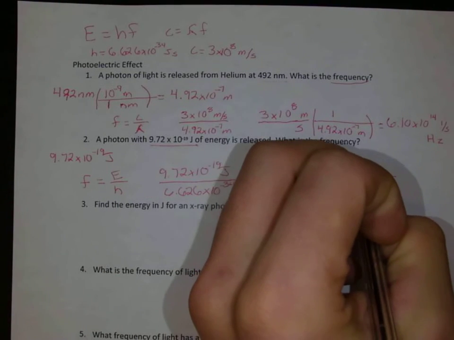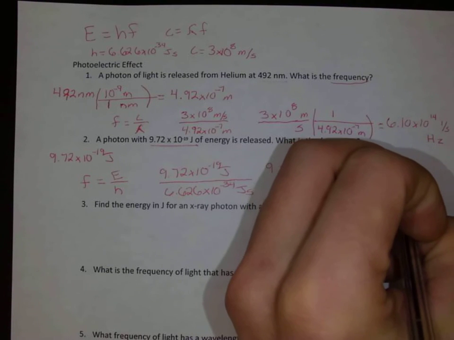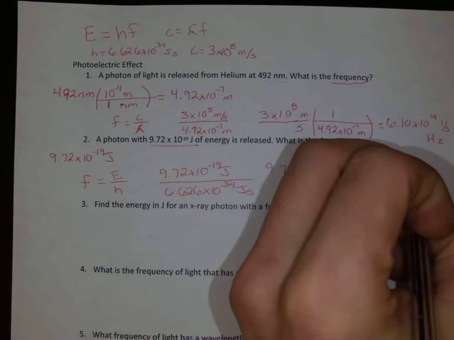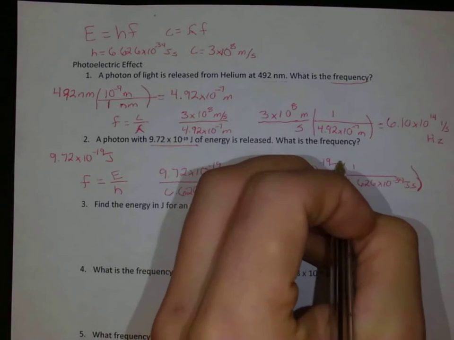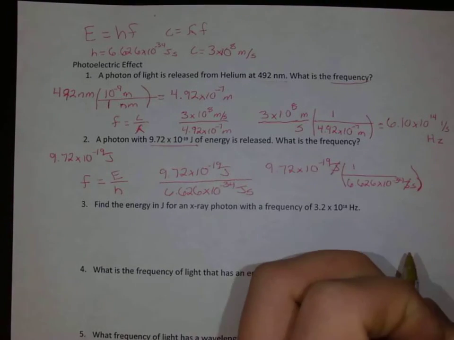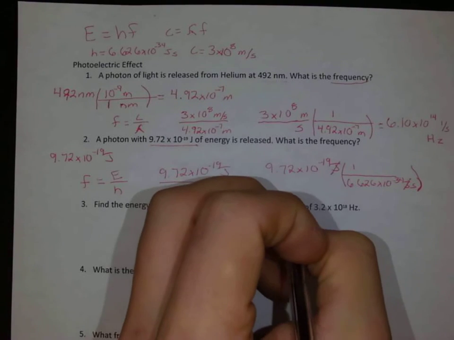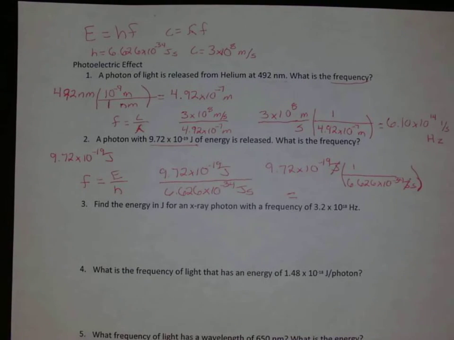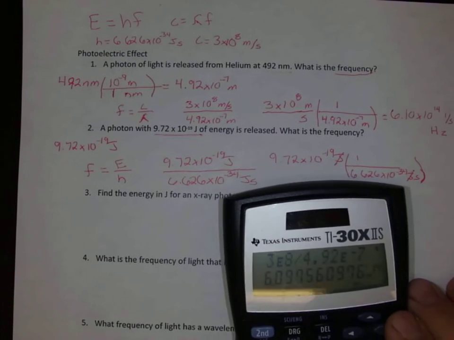So 6.626 times 10 to the minus 34th joule seconds. I put that on there, and I can see joules is going to cancel with joules. So my answer at the end is going to have per second, which is my hertz, which is a frequency.